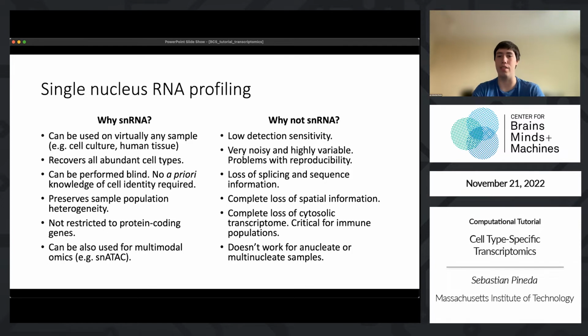But even in cases where you can still cleanly dissociate whole cells, it's still not ideal. Sometimes you might have to, because the cytoplasmic component is very important, or because you're working with blood or liver samples that have these non-mononuclear cell populations.